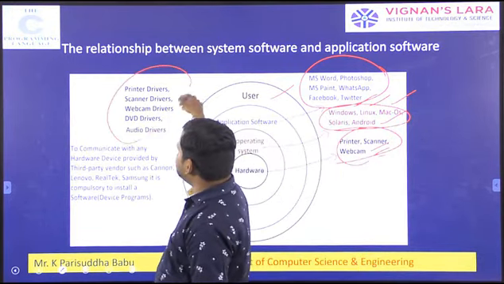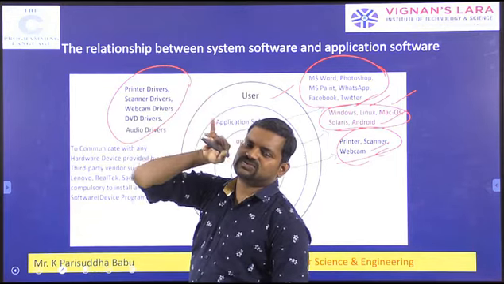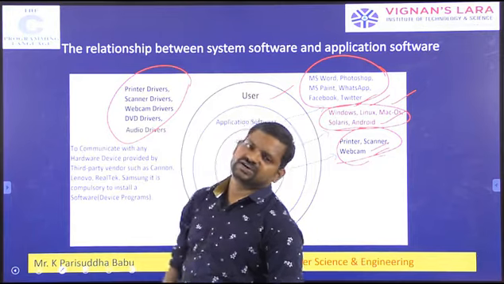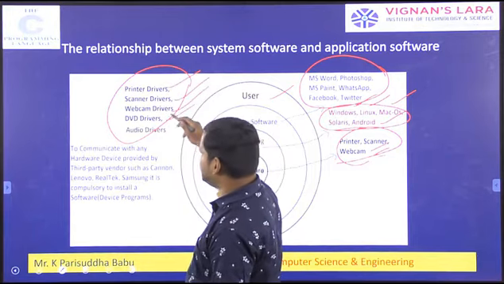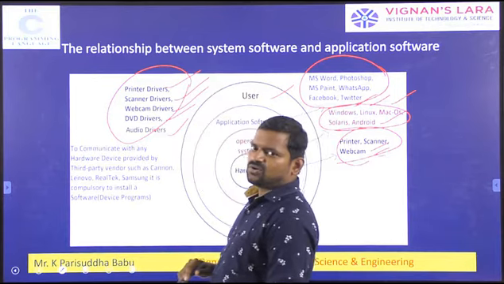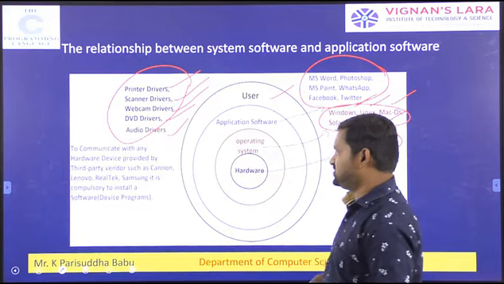The drivers, printer drivers. If you want to run a printer with your computer, you have to install printer drivers, scanner drivers, webcam drivers, DVD drivers, audio drivers. All the drivers should be installed to execute your system.